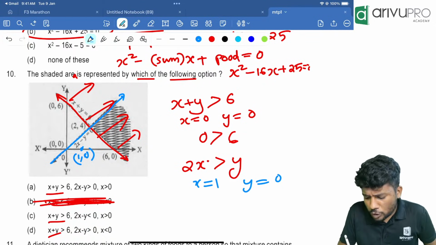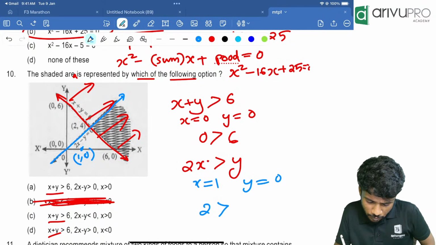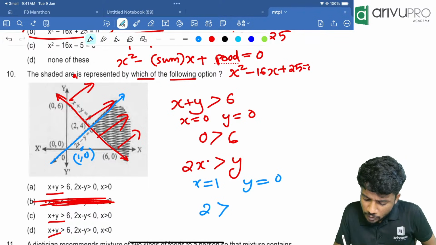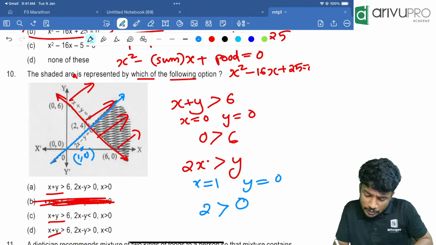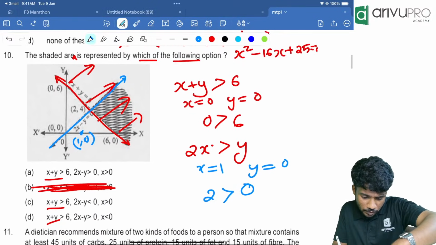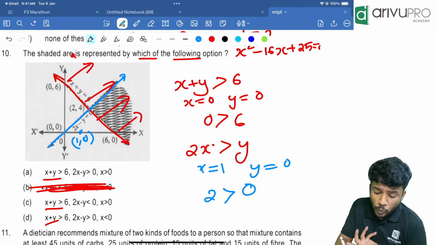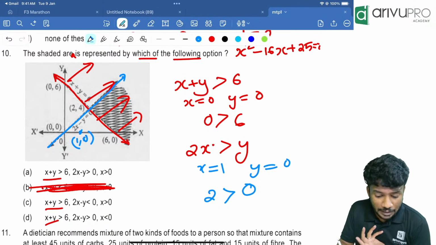Put that: 2x equal to 2 greater than y. Yes, 2 is greater than y. Looking at that, 2 is greater than 0. Is that correct? Yes, that is correct.